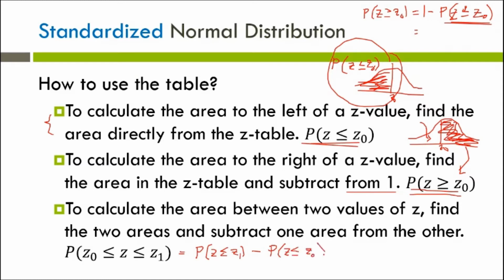Whichever has a greater value would be on the first term, and the one which has a lesser value would be on the second term. So to calculate the area between two values of z, find the two areas, and subtract one area from the other.